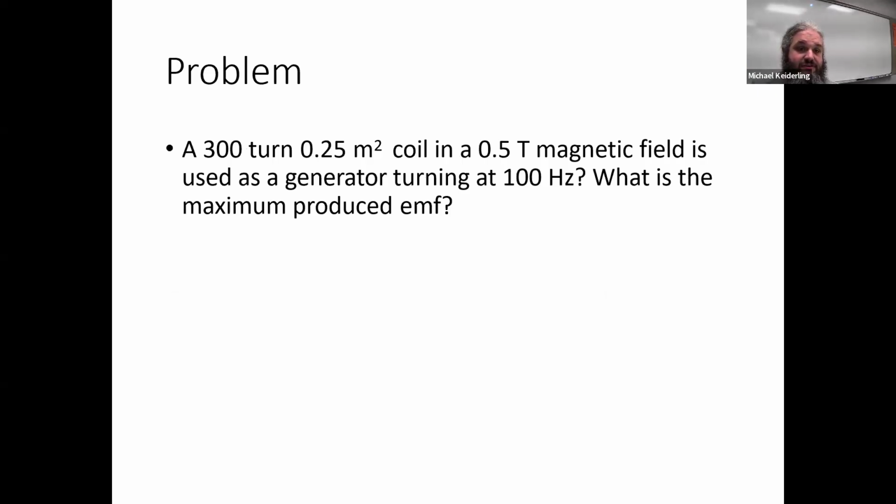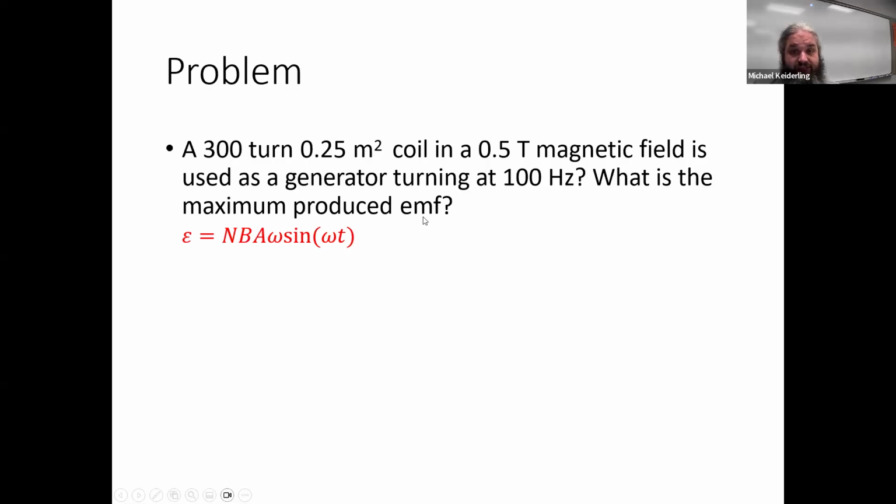So here, if you have a 300 turn, 0.25 square meter coil and a 0.5 Tesla magnetic field used as a generator, turning at 100 hertz, what is the maximum produced EMF? Well, the EMF of a generator is number of turns times magnetic field times the area of the loop times the angular velocity times the sine of the angular velocity times time.